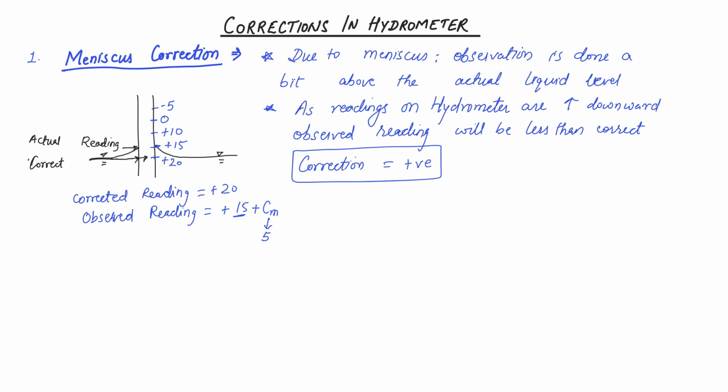Now let us understand the next type of correction, the second correction, which is because of temperature. The specific gravity test should be conducted at a temperature of 27 degrees. But the real temperature of the surroundings or of the liquid may vary, and as the temperature increases, the volume of the liquid also increases.